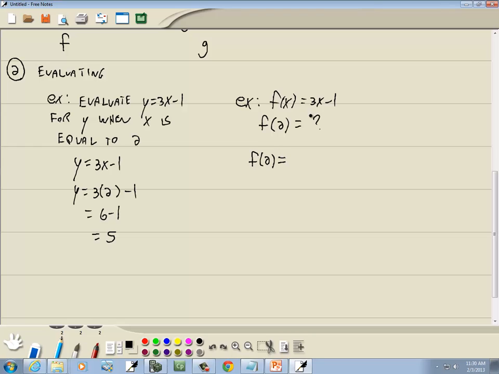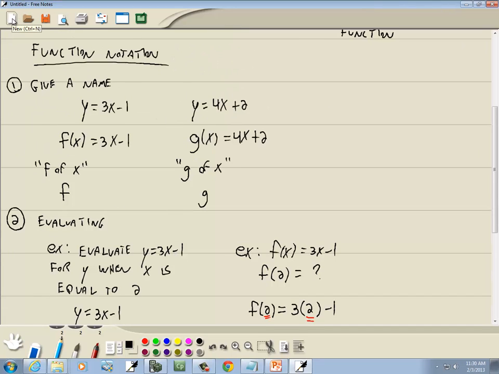That hasn't changed. We're going to go through, and everywhere we have an x, we're going to put in parentheses. With function notation here, whatever is inside the parentheses is what we're going to put in over here. So we'll put a 2 in over there. So 3 times 2 is 6, and 6 minus 1 gives us 5. So that's a second purpose for our function notation.